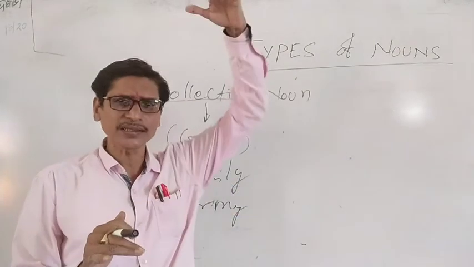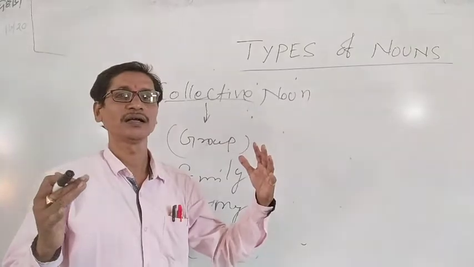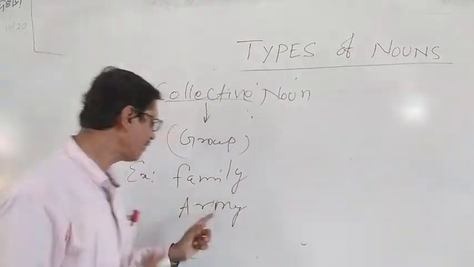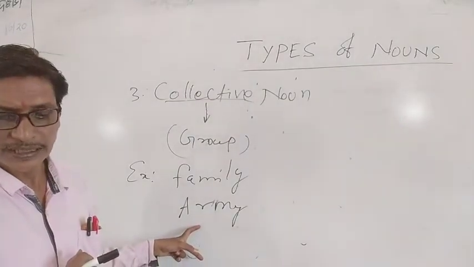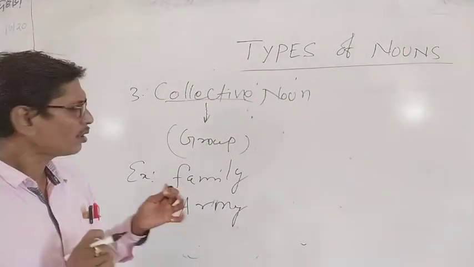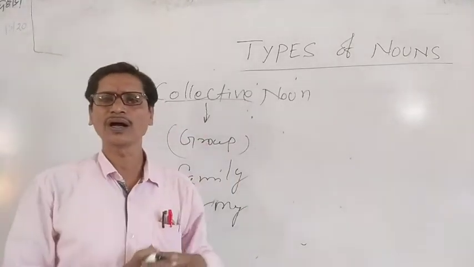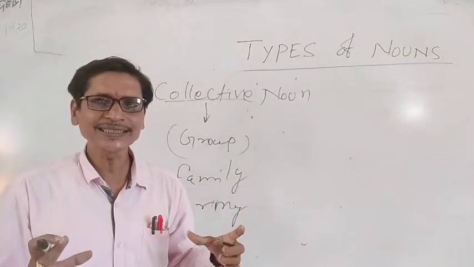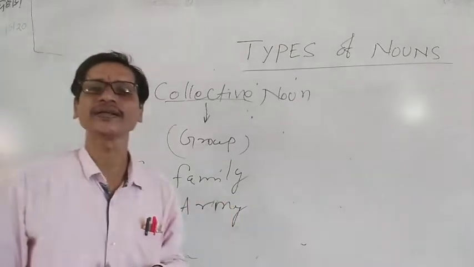There are different ranks, different positions, but collectively they have been given a name called army. So, when we talk about a group of people or group of things, and that group has a name, we say it is a collective noun.